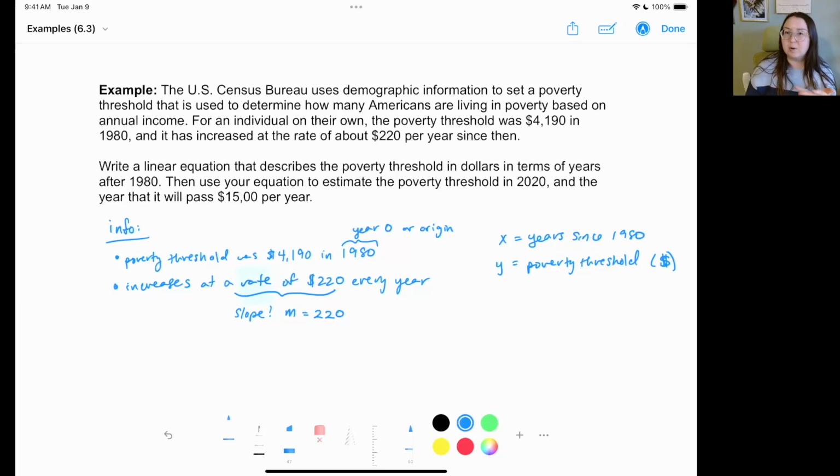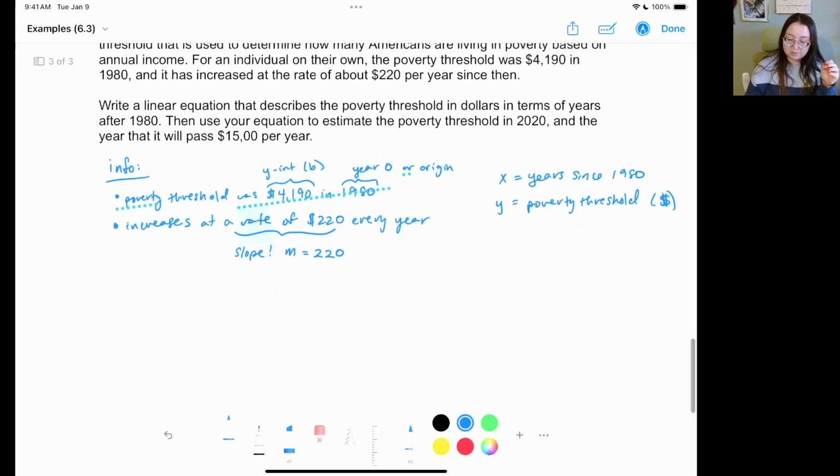And we know that Y values when X is zero are known as the Y-intercept. So this value right here, 4,190, that's your Y-intercept or your B value. So using all that information from that first paragraph, we were able to figure out key information for our equation.